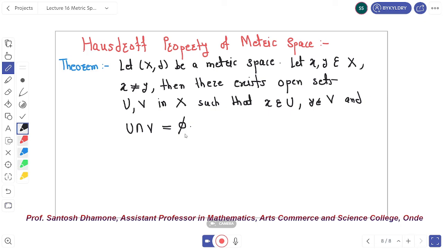Given x is not equal to y. This implies that by definition of metric space, the distance between x and y is greater than 0.